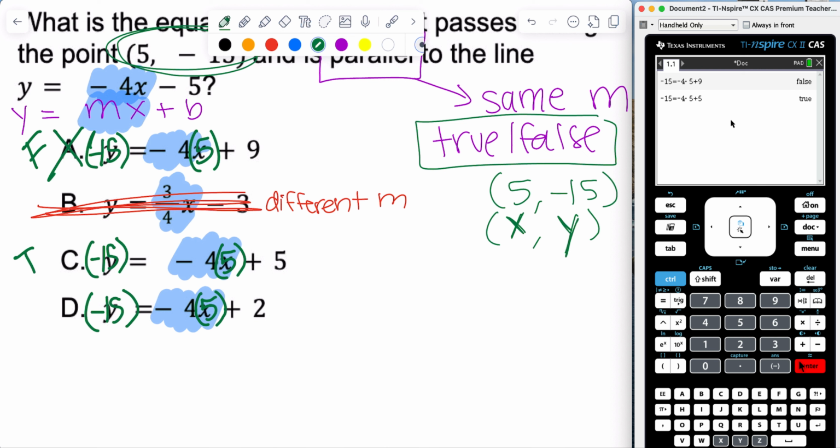So I know I can go and do D. So let's try D real quick just to see what our answer would be. -15 parentheses equals -4 parentheses 5 parentheses plus 2. Enter. And that gives me false. So I know my only answer is C.